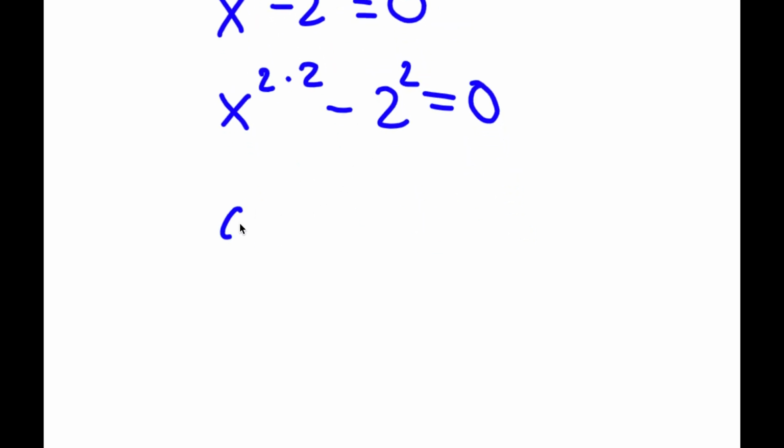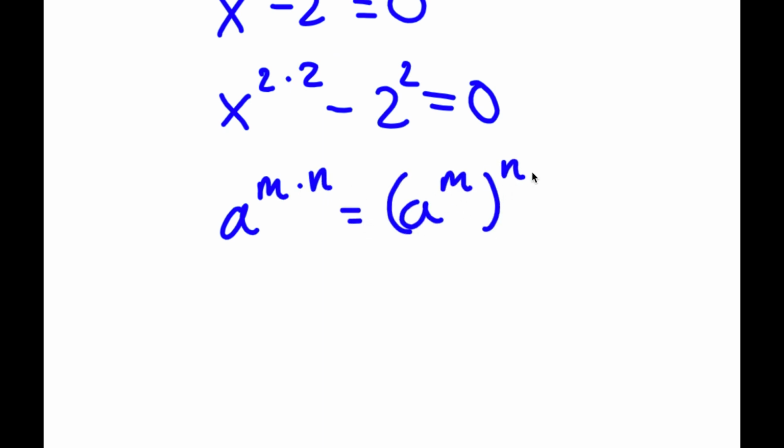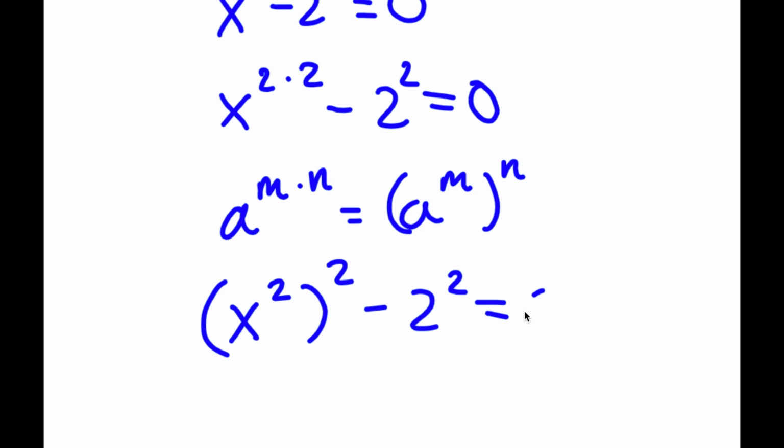Now, if I have something in the form a to the power of m times n, this is equal to a to the power of m, to the power of n. So x to the power of 2 times 2, I can rewrite that as x to the power of 2, to the power of 2, minus 2 squared is equal to 0.